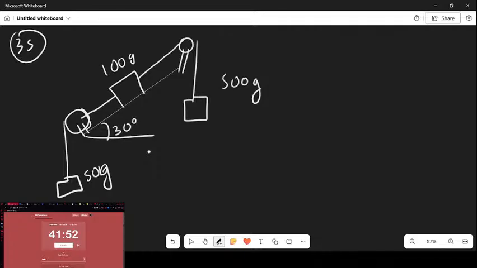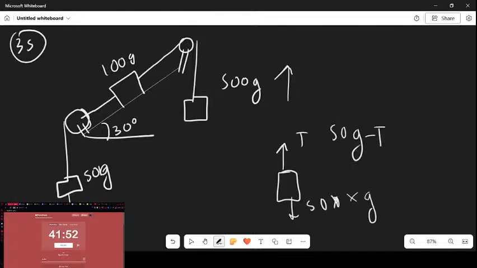Okay, now this has a tension. 50 into g, 50g minus tension is equal to 50a.